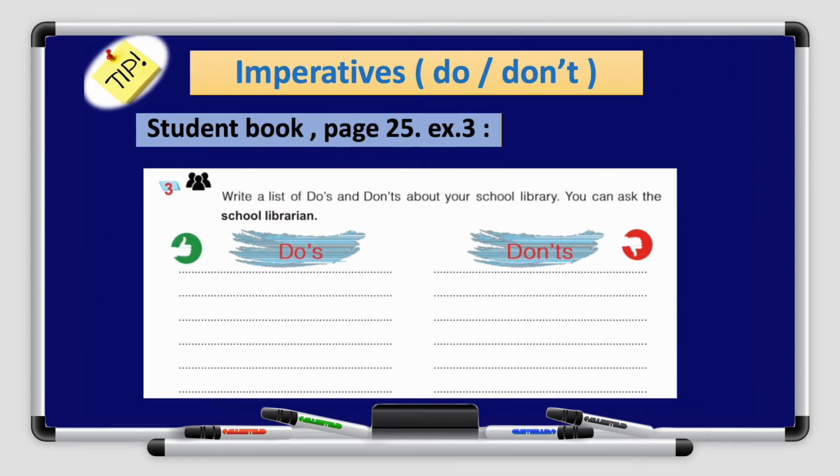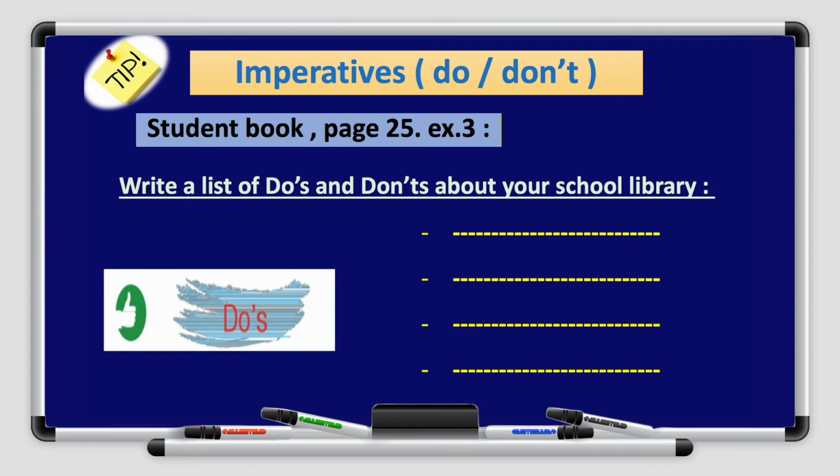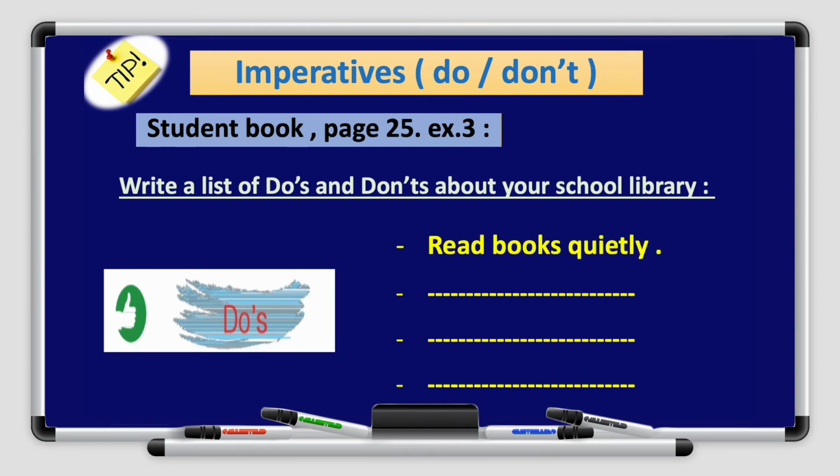Another exercise from the same page, exercise 3. Write a list of do's and don'ts about your school library. Here, you need to think, what do you do in the library and what don't you do in the library? Think of it and then check your answer with me. Let's start with do's. Read your books quietly.